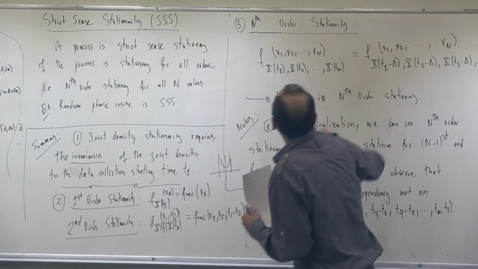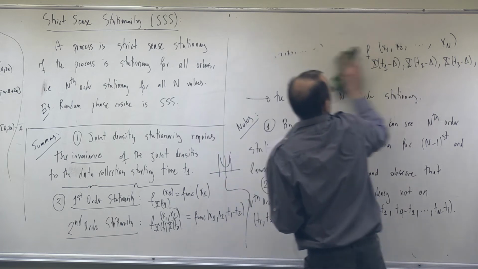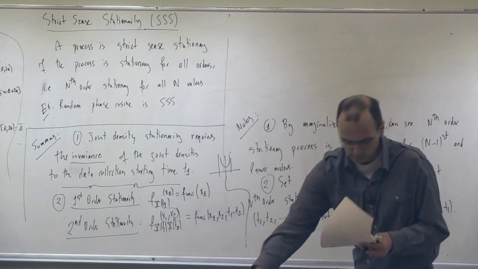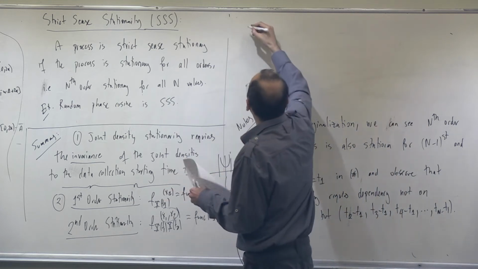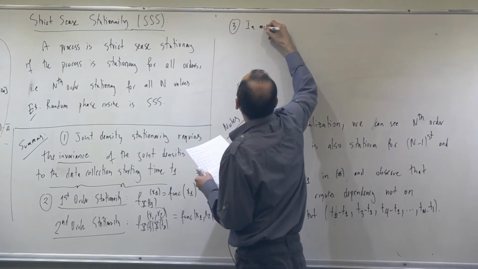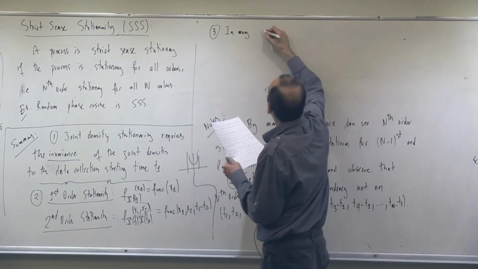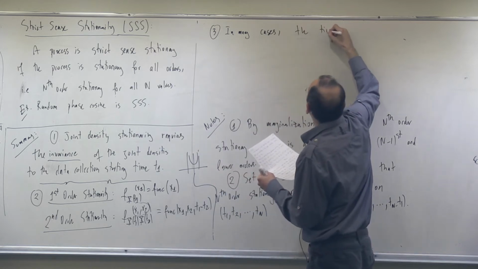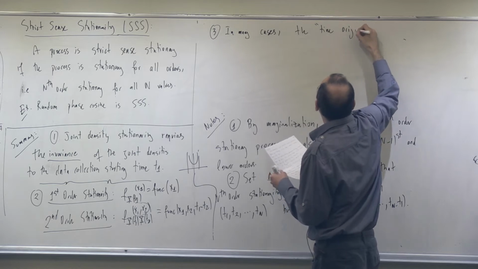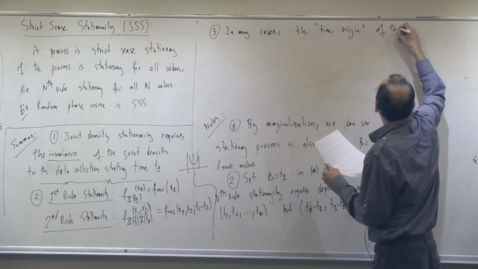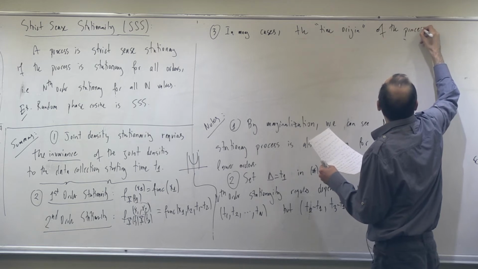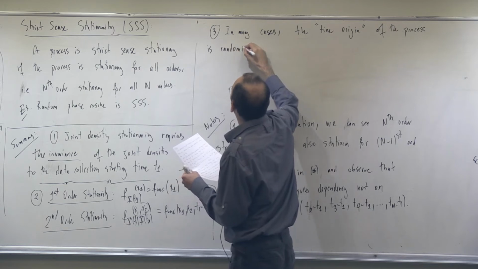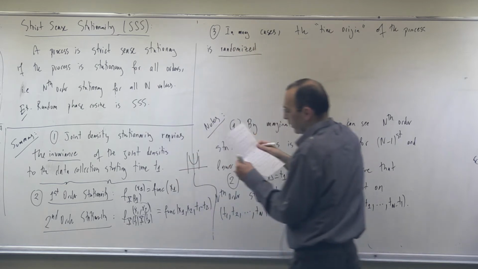So, one more observation. Number 3, in many cases, the time origin of the process is randomized. I will explain this.